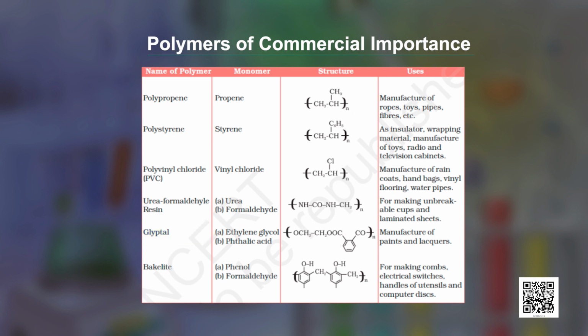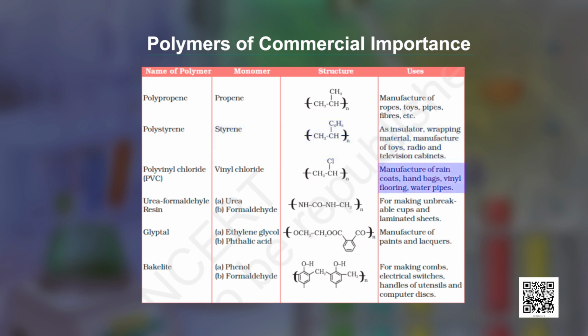In polypropene, the monomeric unit is propene and this polymer is used in the manufacturing of ropes, toys, pipes and fibers, while styrene is the monomer of polystyrene, which is used as insulator, wrapping material and in the manufacturing of toys, radio and television cabinets.